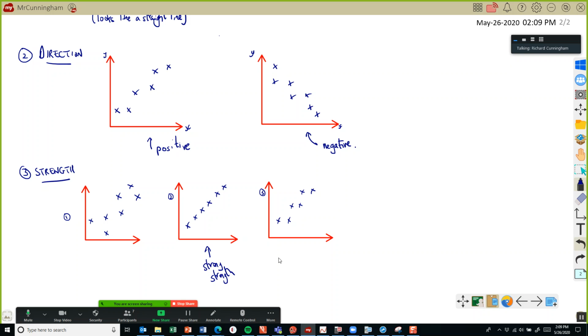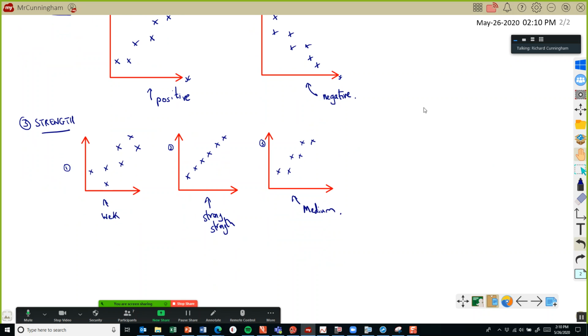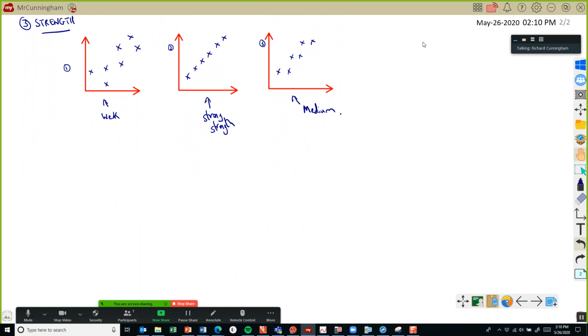Which ones are the least like a straight line? Yep, 1. And then the one in the middle is medium strength. Okay, good. Do you all remember that vaguely? I will take your silence as yes.